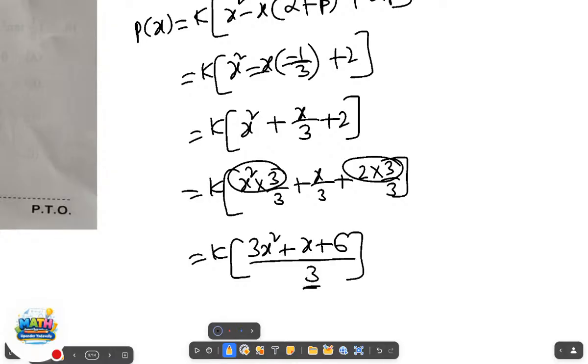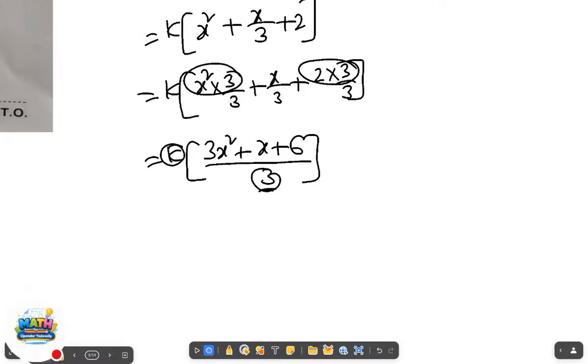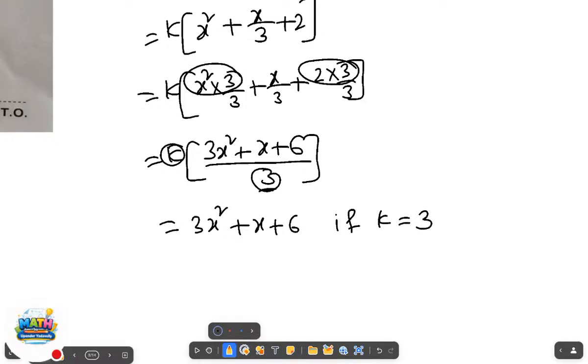If you take k value 3, then this 3 will get cancelled. Now we will have 3x square plus x plus 6 if k value is 3.